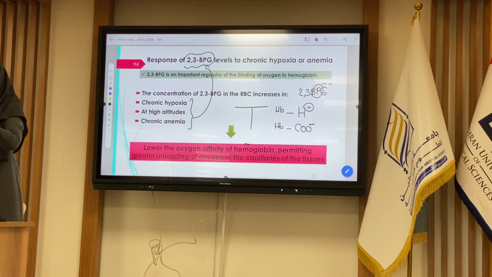Carbon dioxide CO2 negative. 2,3-bisphosphoglycerate negative.